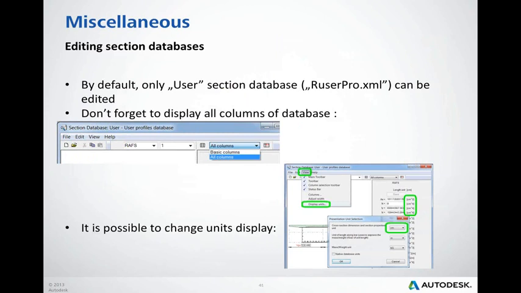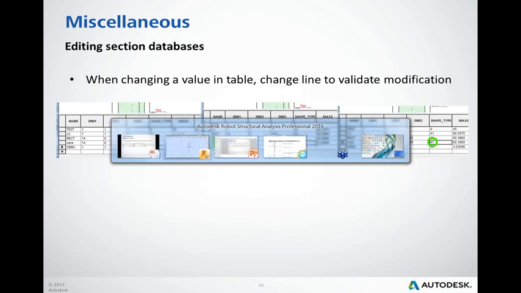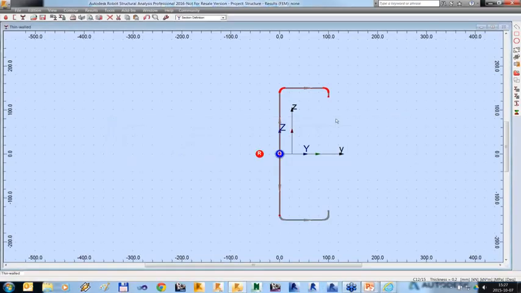Before editing, meaning making any modifications, please display all database columns in the viewer and adjust the units display if needed. When changing a value in a table, change the line to validate the modification or press the Tab key on the keyboard to leave the cell. Let's go back to our model.